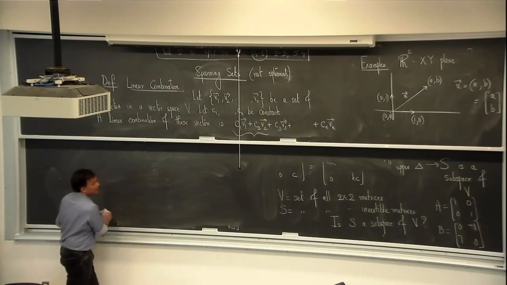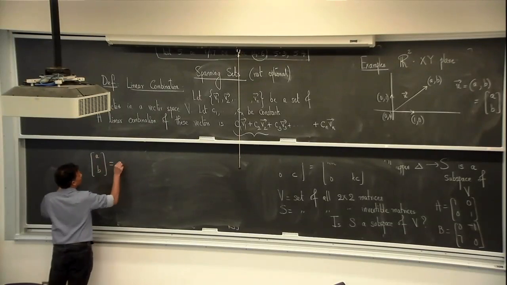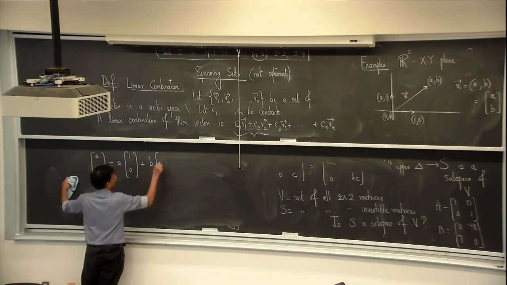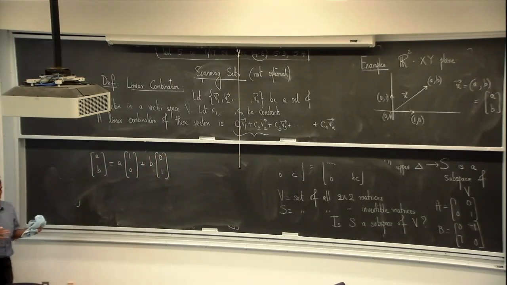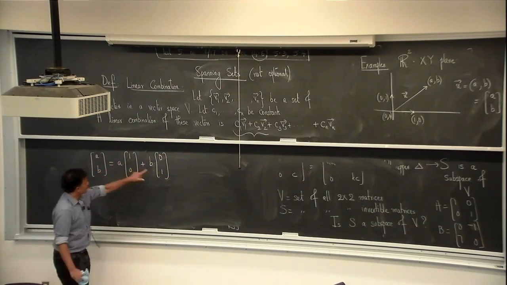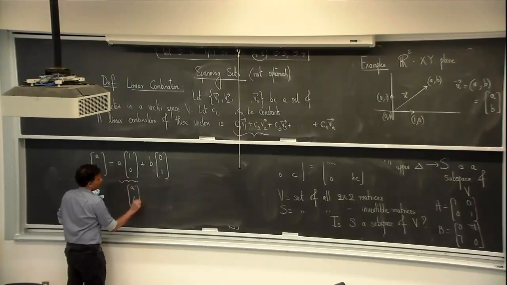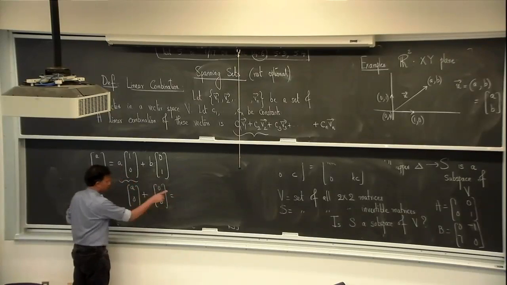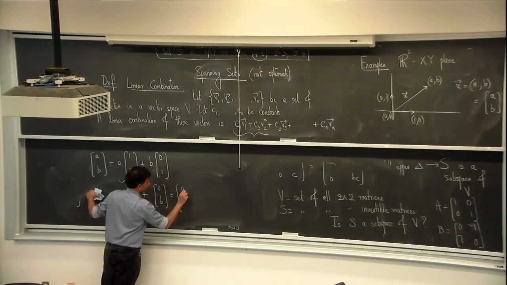The vector (a, b) can be written as a times (1, 0) plus b times (0, 1). Okay, because of the position of the numbers 1 here and here, this is the vector (a, 0) plus this is the vector (0, b), and when you add them together, you're just adding two matrices, right? This is (a, b).